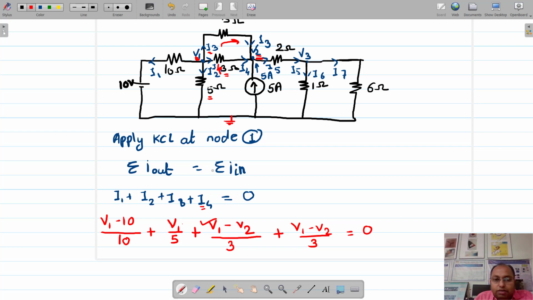Now let us find the LCM of the denominators. It will be 30.